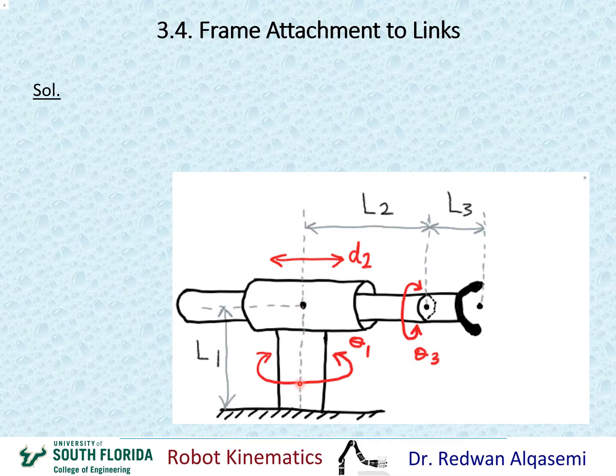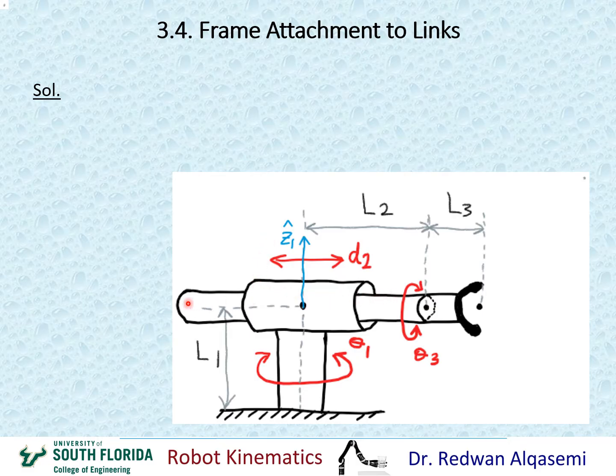Again, I can choose either to go up or go down. In this case, I'm going to choose to go up for Z1. So I drew the Z1 here.